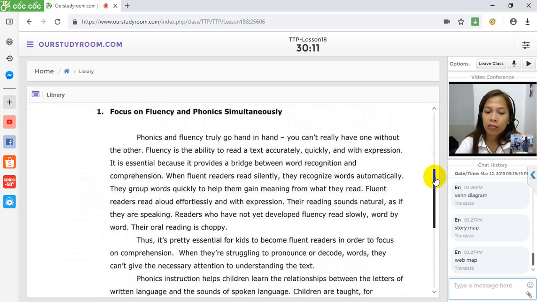First, when students read the alphabet, I have them understand the meaning of what they read. I make them understand everything they read.